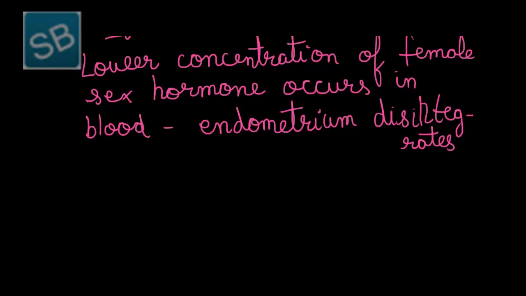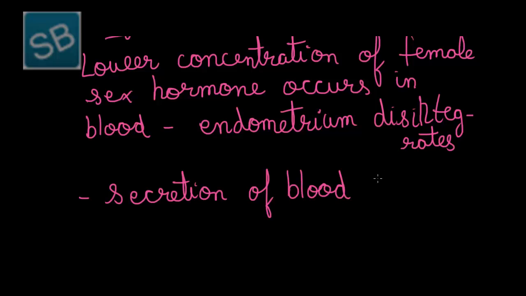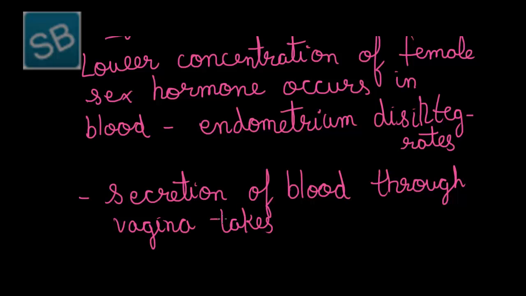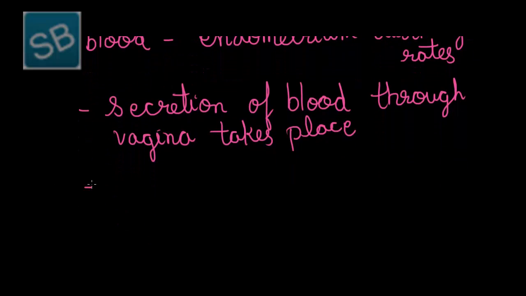Due to this, the secretion of blood through vagina takes place, because the endometrium wall gets disintegrated and the wall breaks up. As a result, this blood flow through vagina occurs. This blood flow lasts for about 3 to 5 days.